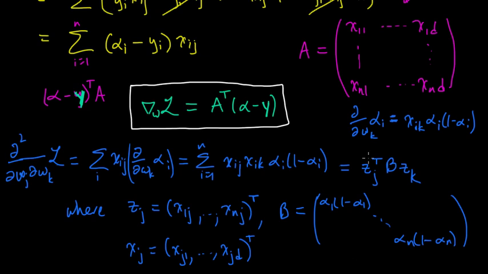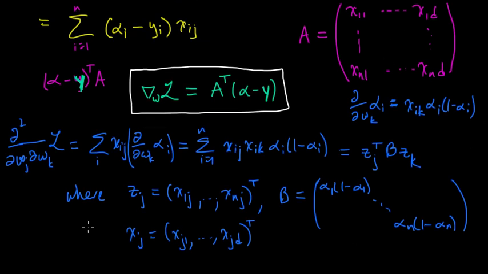So since these z's are the columns of A, then we need to take A transpose to get the column, to make it a row, and then times B times A again, and then to multiply back down by a column.